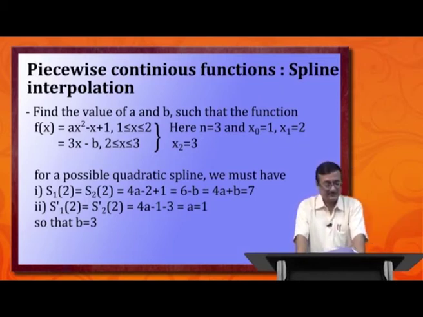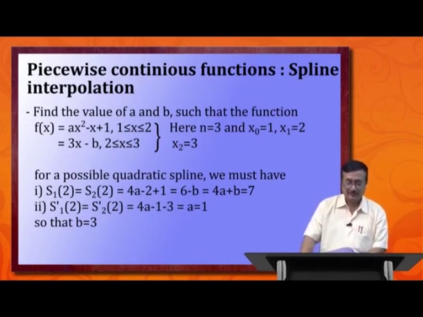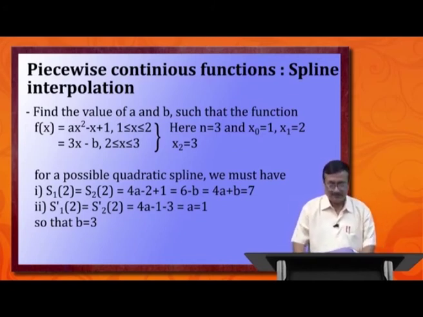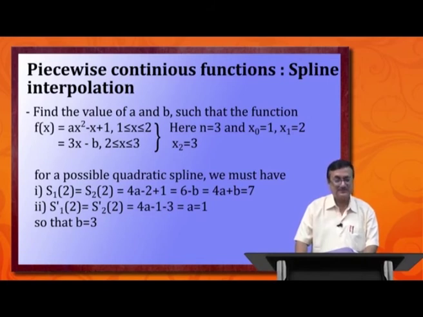The second condition, that is the derivative condition, S1 dash at x equal to 2 and S2 dash at x equal to 2, gives us the value a equal to 1, so that b is equal to 3. So if we take a equal to 1 and b equal to 3, then f(x) will be a possible quadratic spline satisfying the conditions that the functional value as well as the derivative value are equal at the intermediate points.